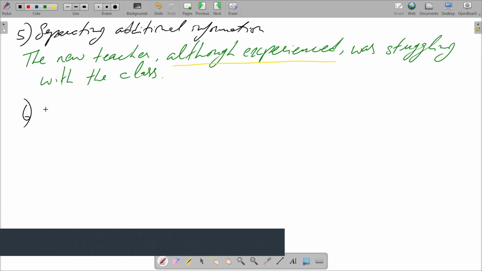Then, you use a comma with speech verbs when you're doing direct speech.